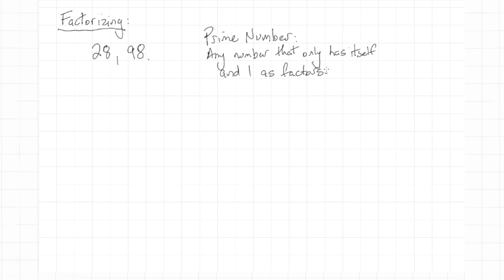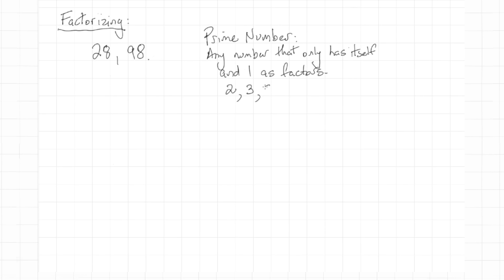So for that reason, the smallest prime number is 2, because it has 2 factors, and they are itself, which is 2, and 1. The next prime number is 3. The only 2 factors of 3 are 3 and 1. We don't count 1 because 1 and 1 is the same number, so it only has 1 factor. So a prime number has 2 factors, itself and 1.